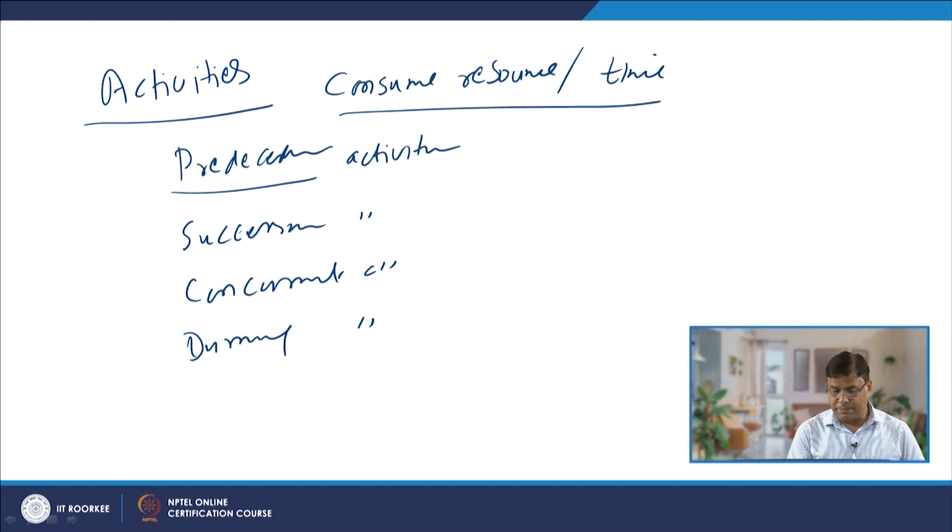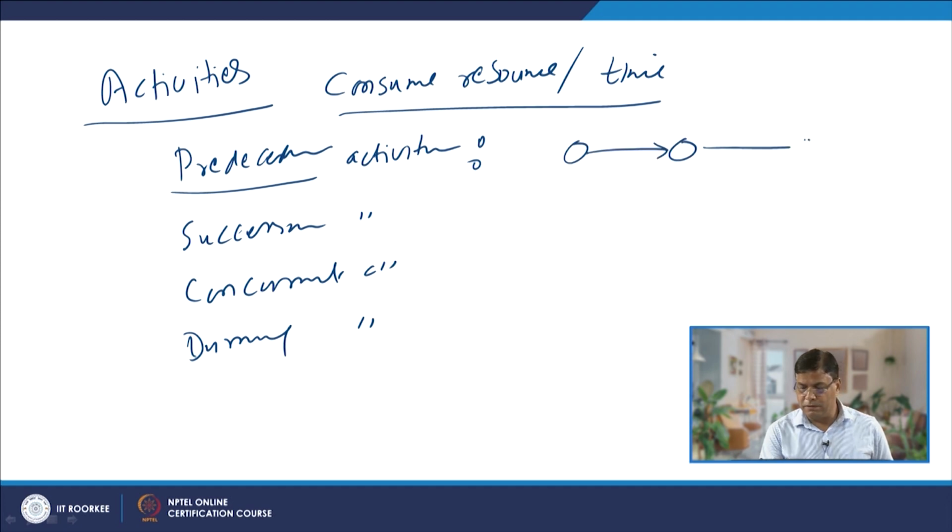These are 4 types of activities. So, predecessor activities are those activities which must be done before others can be taken up. Say if we have a sequence of 2 activities, say A and B, 1, 2, 3, these are the nodes.